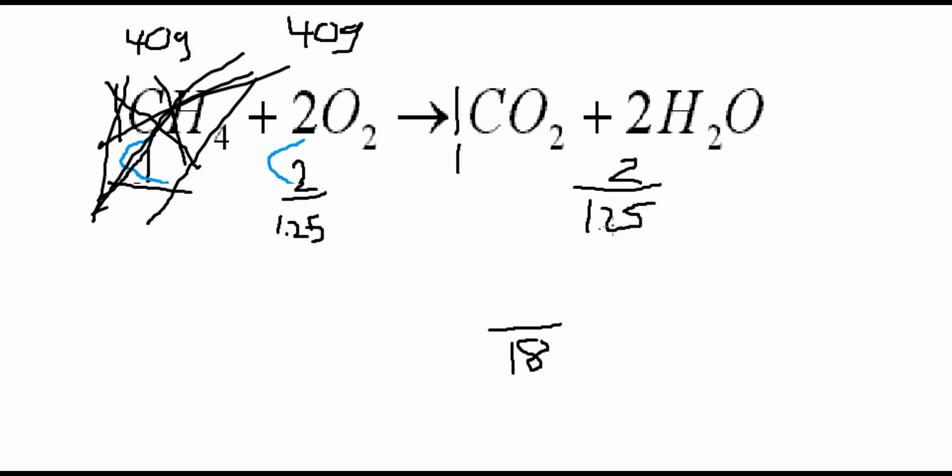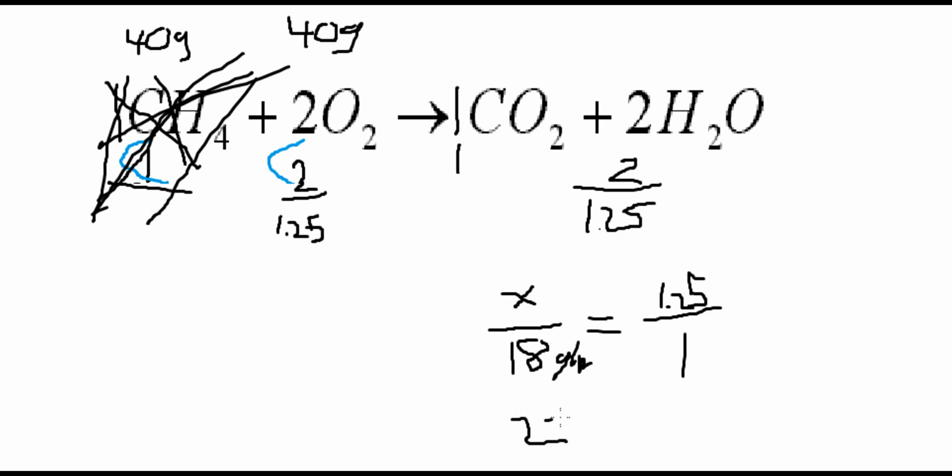So, we're going to figure out how many grams we would get. So we have 18 grams per mole. We have X amount of grams, because that's what we're trying to find, equaling, we know that there's 1.25 moles, and we know that there's one here. So we do 18 times 1.25 equaling 22.5, and that's what our X is.